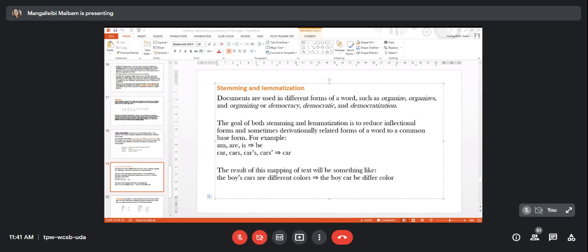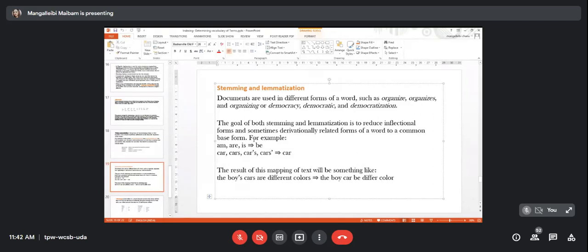Lemma means base form of the word. So converting your derivational form of the word into a common base form of the word is known as lemmatization. Clear? So lemma means base form of the word.